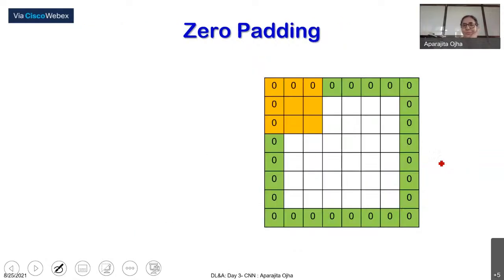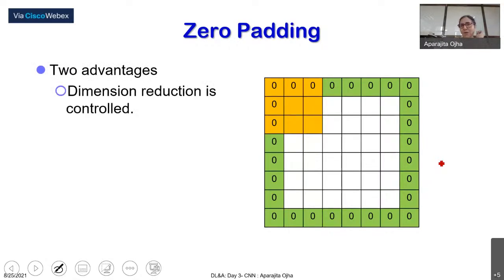Okay. Now, let us look at another important thing which is known as zero padding. What happens is that the corner image pixels are not as well represented as the inner pixels of the image in a convolution operation.